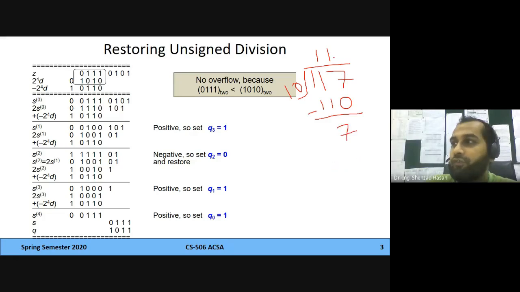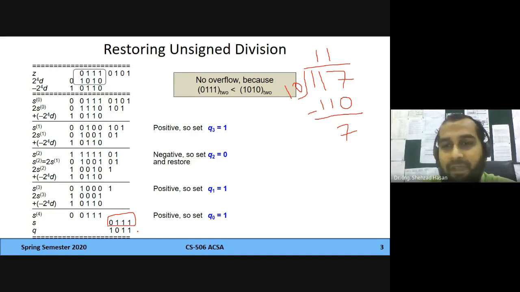So your quotient should be 11 and your remainder should be 7. So what we see over here is, yes, our remainder is 7. That's the remainder, and our quotient is 1011, which is 11. So this is true, right? So we got a right result. We got a correct answer.